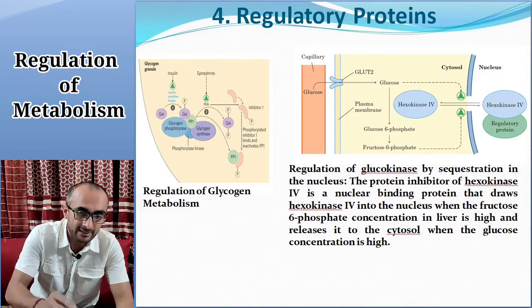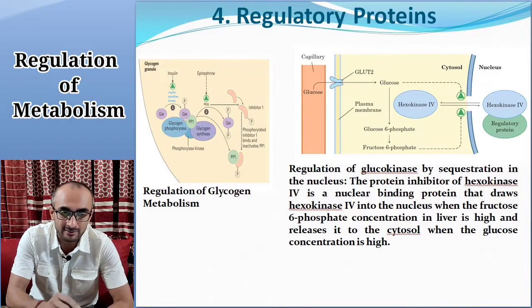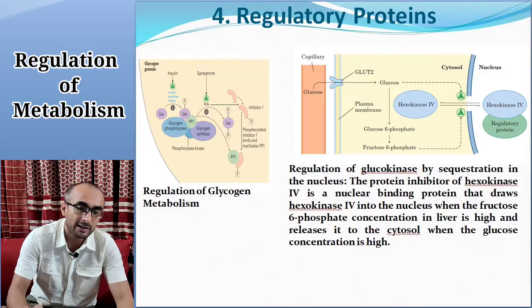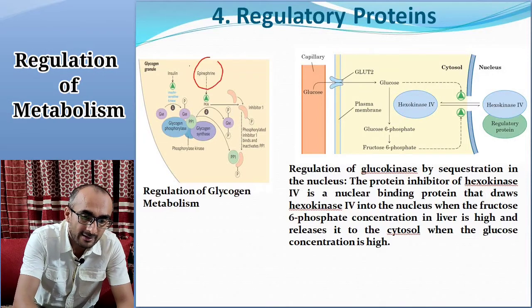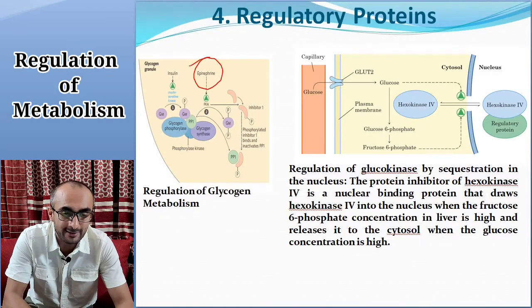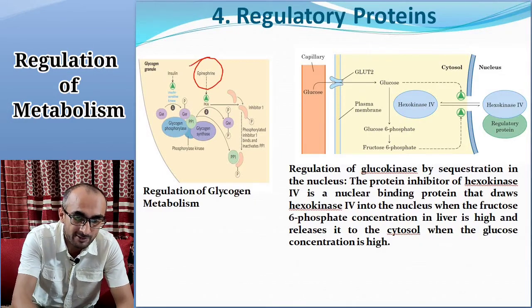So for example, in case of glycogen metabolism, that we have seen in the earlier lecture, epinephrine in muscle activates PKA, and this PKA in turn activates the inhibitor of phosphatase, called inhibitor 1 here, by transferring a phosphate group onto it.